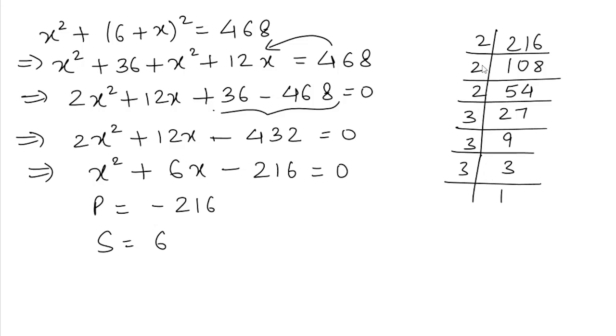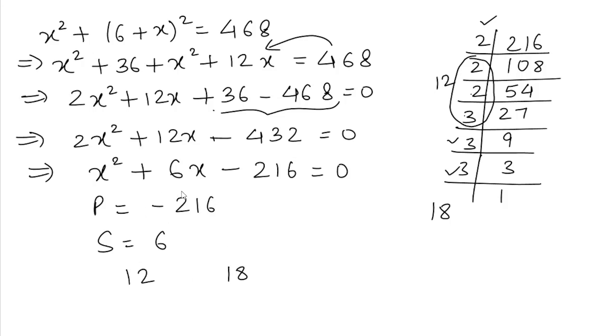Now let us see. We have 2, 2 and 3, so 2 into 2 into 3 will give us 12. And then we have 2 into 3 into 3 as 18. So 12 and 18 are two numbers whose product is 216.